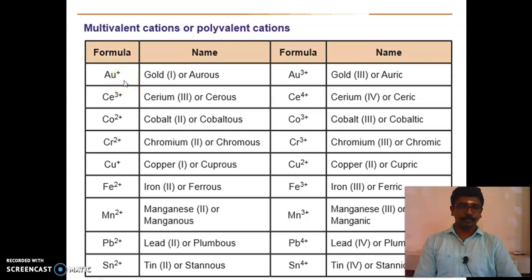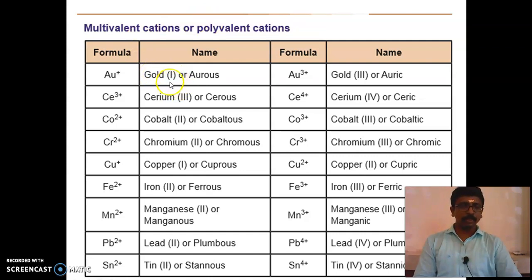For example, gold has 2 valencies, one is Au plus and another is Au3 plus. Au plus we can name gold 1.